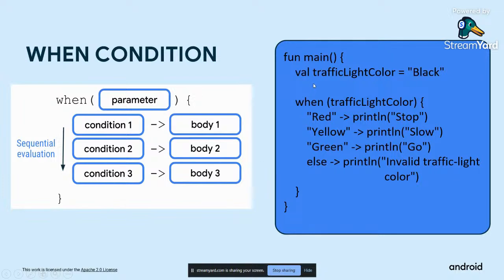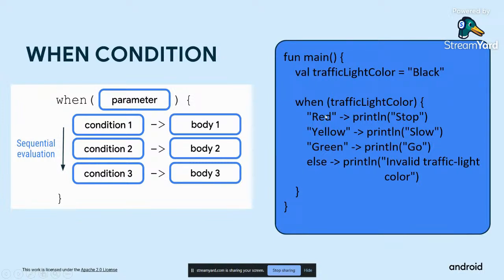For example, we can see a program here, the same traffic light color one, but using the when statement. We have again assigned black to traffic light color, and now we are using the when keyword. We are passing traffic light color in it.